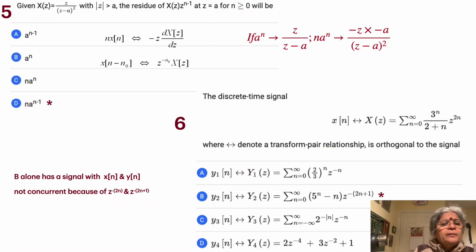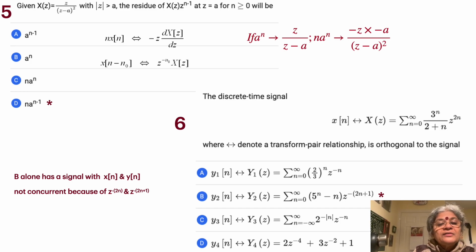Okay, so moving to the fifth problem, given X(z) equal to z by (z minus a) whole square, with the magnitude of z being greater than a, the residue of X(z) z raised to n minus 1 at z equal to a for n greater than 0 will be what?